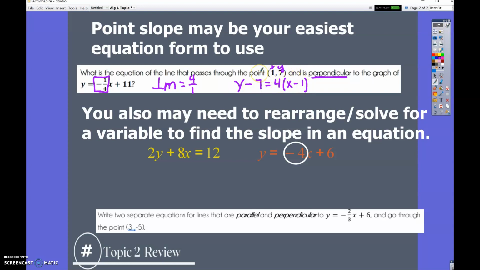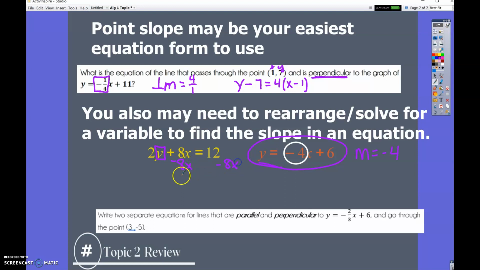When you have 2 equations and you're wondering if they're perpendicular or not, notice how this second equation already is solved in slope-intercept form. We can see that the slope is -4. To tell if this line over here is actually parallel or perpendicular, it's helpful to solve for y and get it alone sometimes, so we get the same slope-intercept equation.